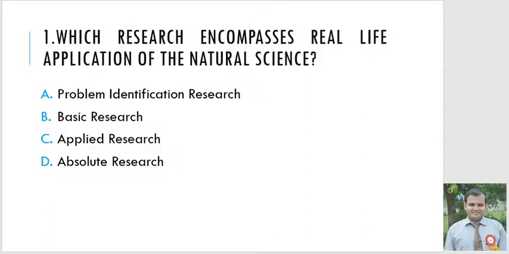There are four options: A. Problem identification research, B. Basic research, C. Applied research, and D. Absolute research. You can write down the answer for this. Question is, which research encompasses real life application of natural science?